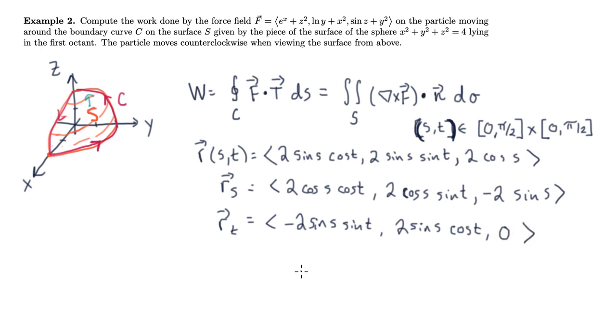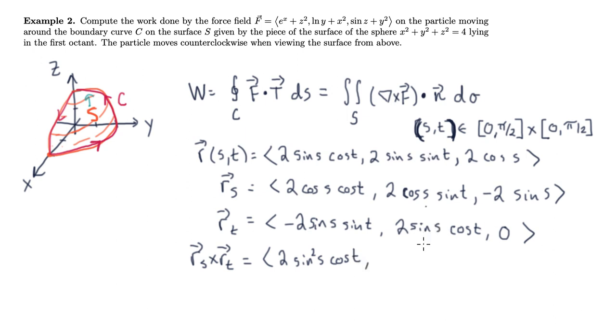Alrighty, let's take the cross product to find the normal direction, pointing outward. Okay, so we have 0 and then minus this guy, so that'll be plus 2 sine squared s cosine t.